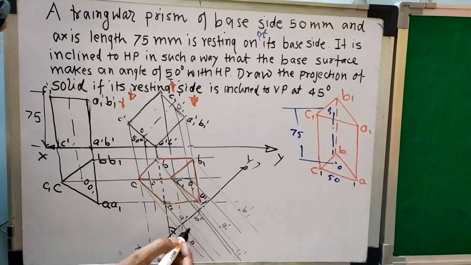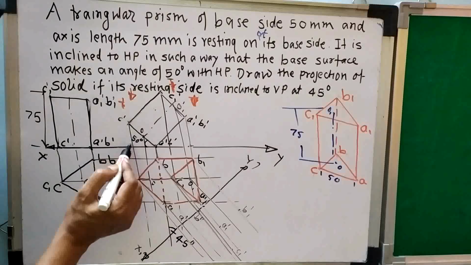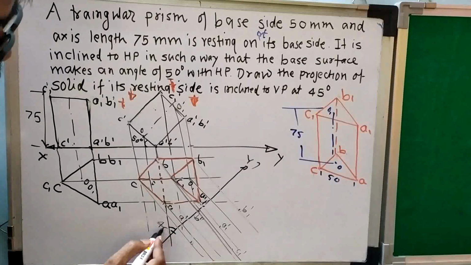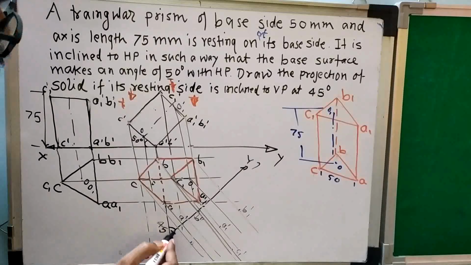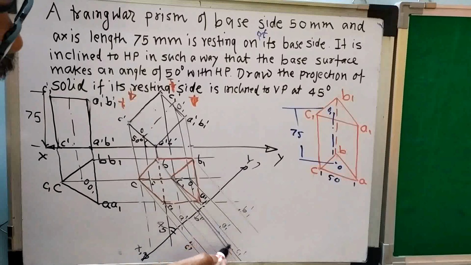So A dash, B dash, and then C. Previous view of this is C dash. So this much distance I will take in the compass on the projector of C. I will cut this. So this will be C dash. So A dash, B dash, C dash, A1, B1, C1.